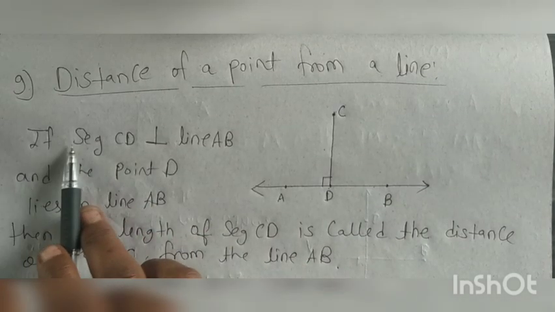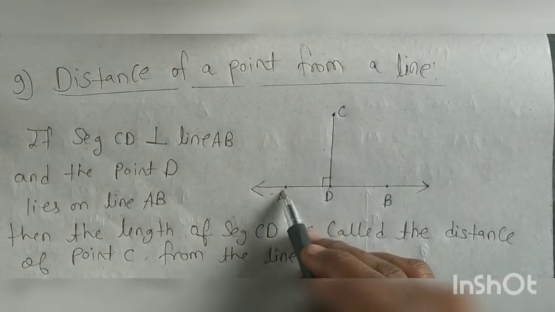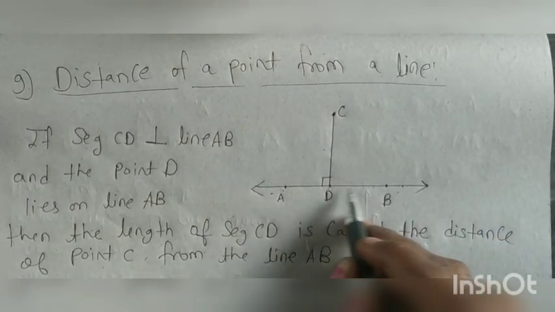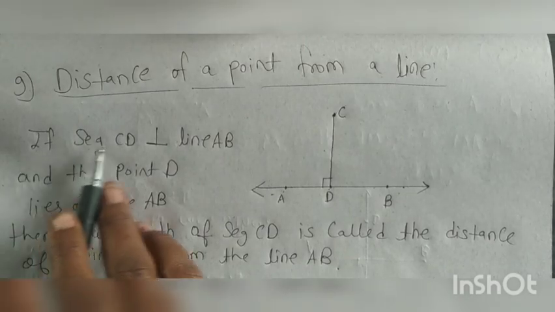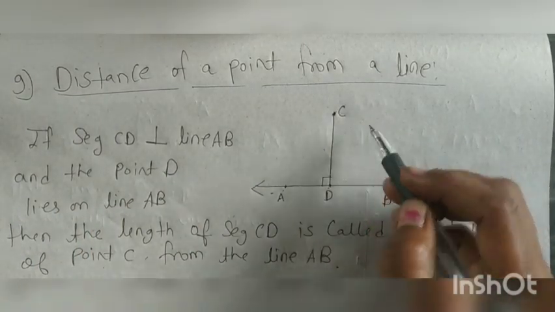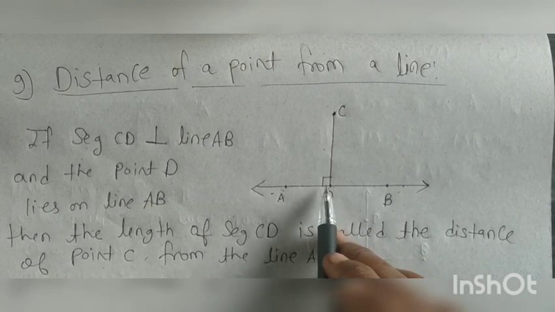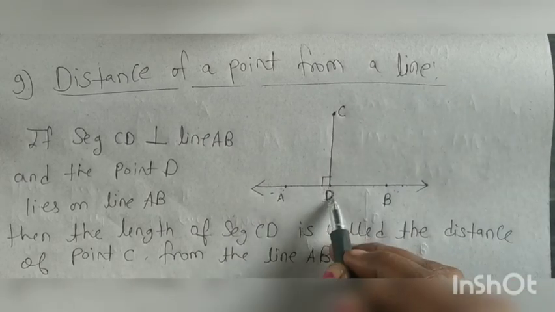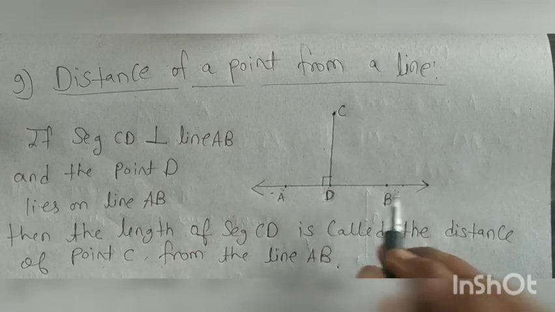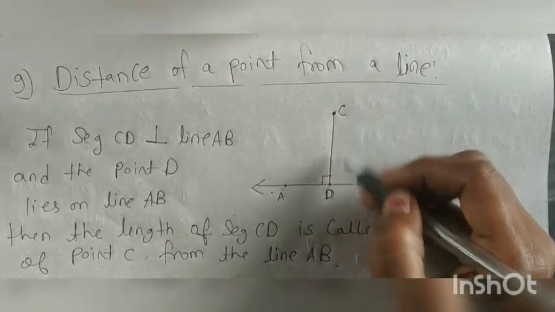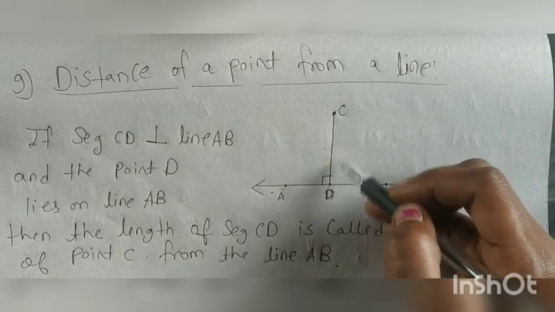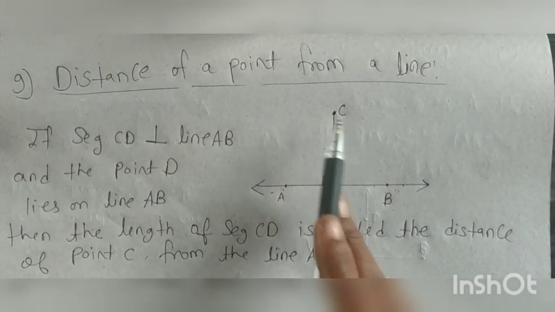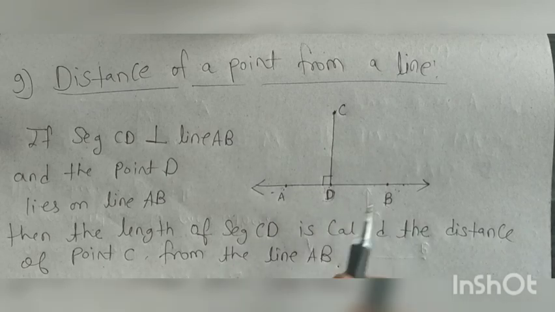See again. This is our line AB, and there is some point C. If segment CD is perpendicular to line AB and the point D lies on line AB, then the length of CD is called the distance of point C from the line AB.